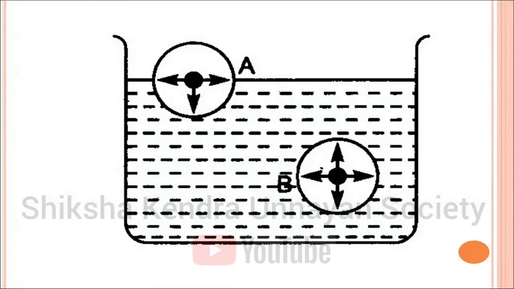You can see we will compare the water molecules at the surface with the water molecule in between the water. Molecule B, lying inside the liquid, is surrounded by other molecules and so is attracted equally in all directions. Hence, the net force of attraction acting on the molecule is 0.